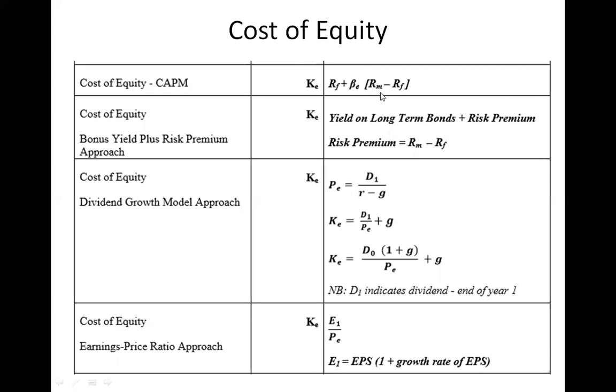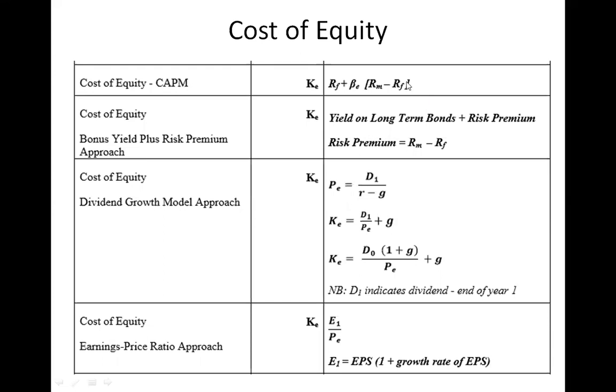And RM is the return on market, whatever the market is giving as return. And RF is risk-free rate. Normally, risk-free rate we will take as government securities like treasury bills. Treasury bills, say for example, give around 7% interest. So 7% is risk-free rate.